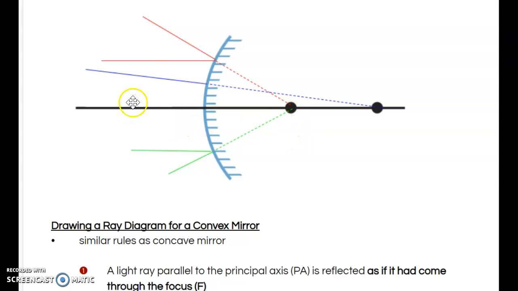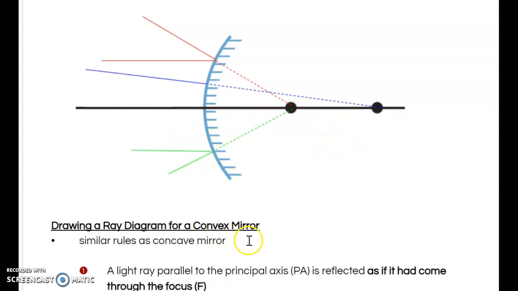So if we have a light ray parallel to the principal axis, our light ray is going to bounce. It is going to pass here, and it's going to get reflected at an angle away from the mirror up towards here, but if I extend this reflected ray, it passes through the focus.